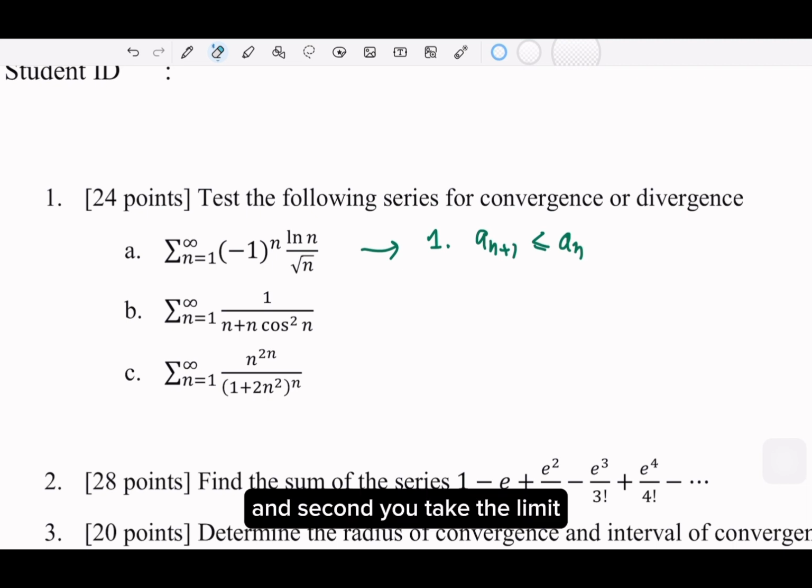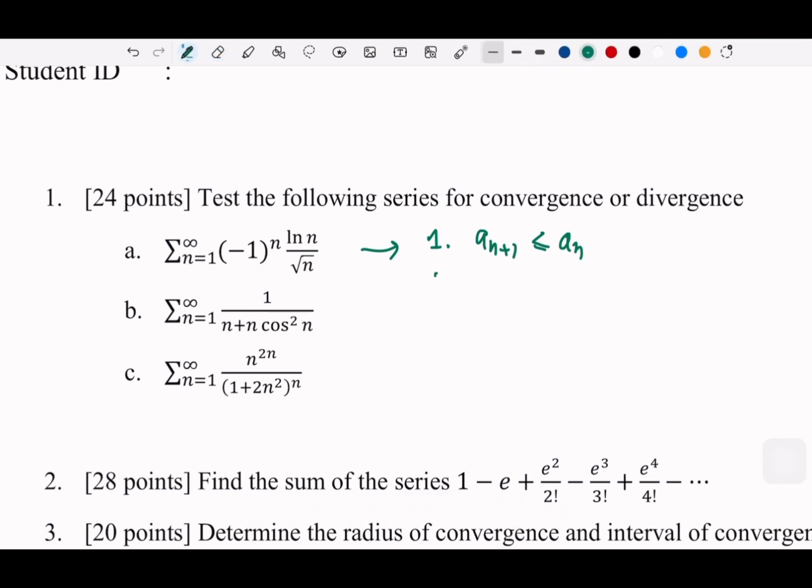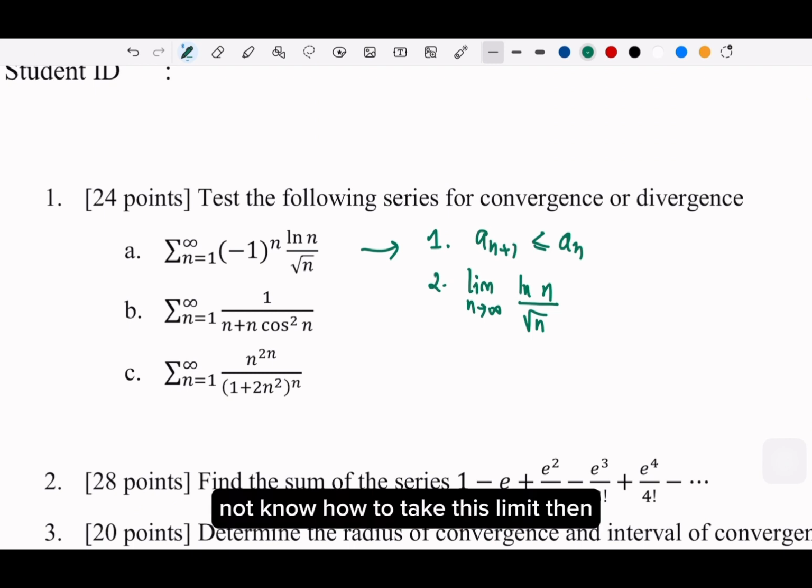And second, you take the limit. And of course, if you do not know how to take this limit, then this cannot be solved. So you need to know how to take this limit.